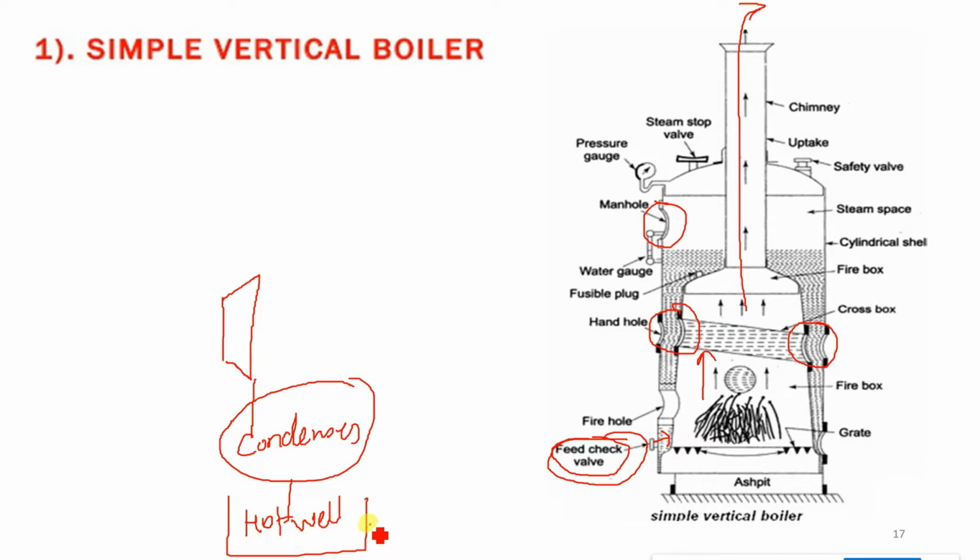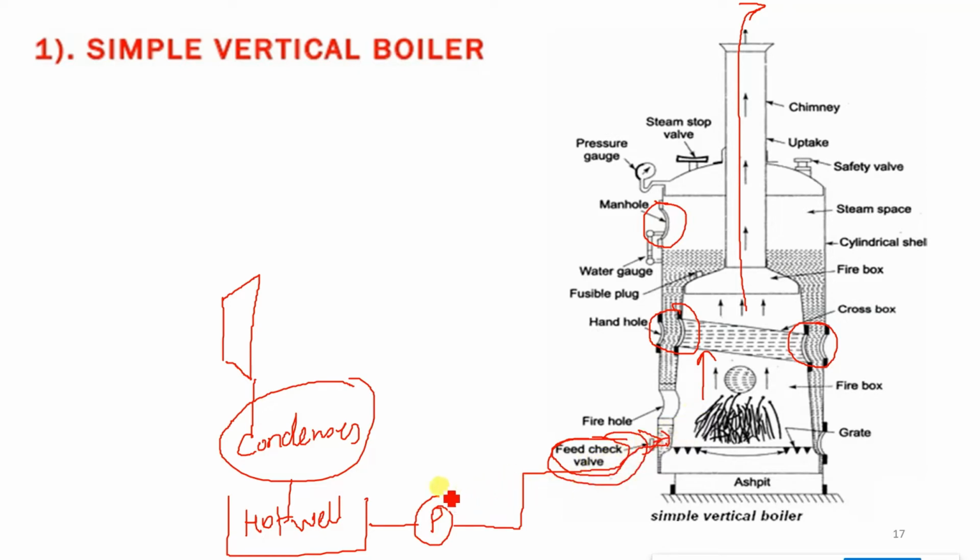Then from the hot well, the pump supplies water to the feed check valve, and through the feed check valve it is supplied to the boiler. So the feed check valve is used to feed water to the boiler.